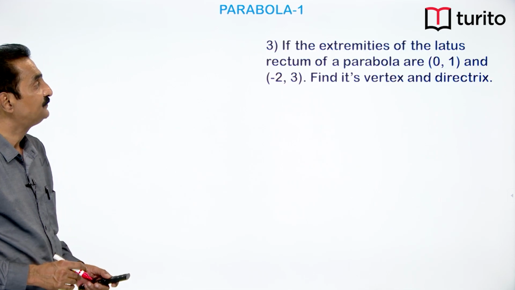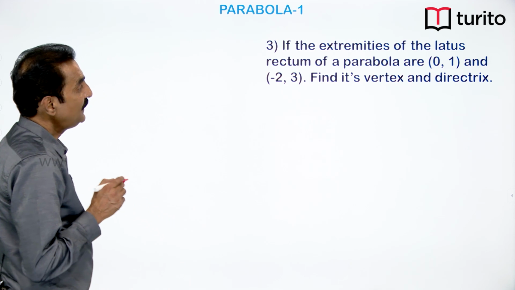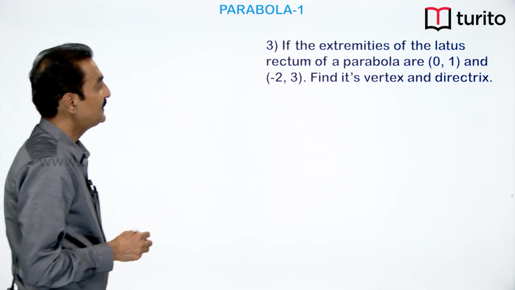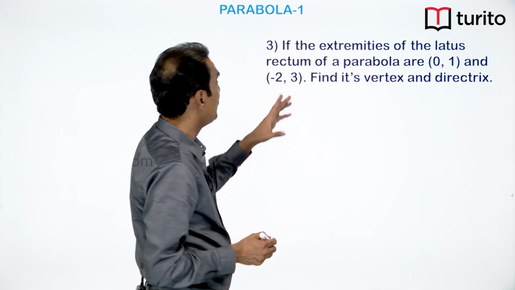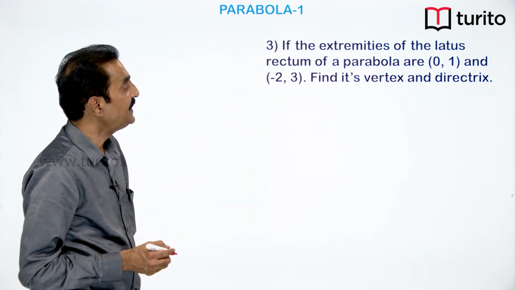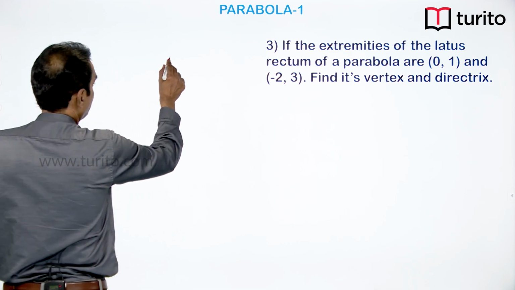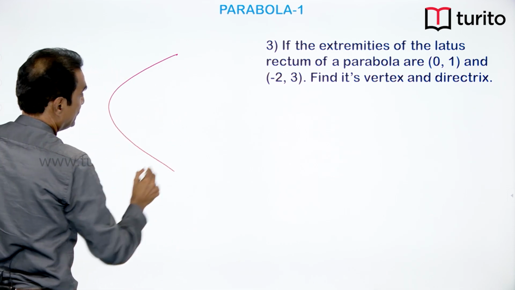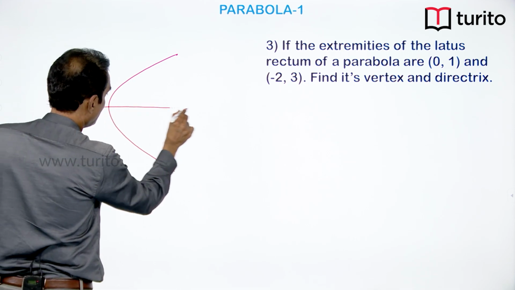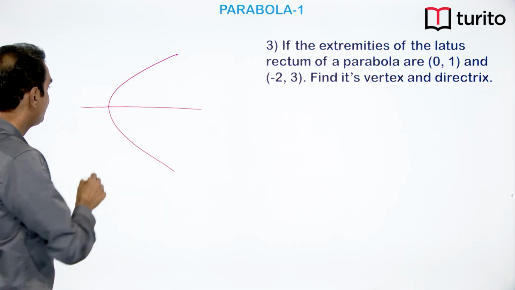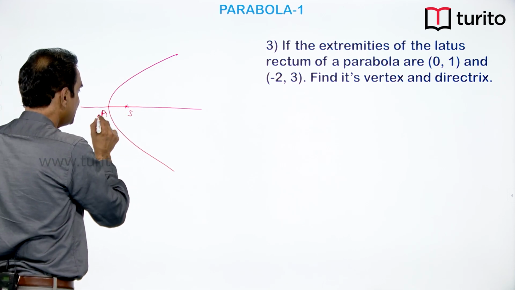Next question: if the extremities of the latus rectum of a parabola are (0, 1) and (-2, 3), find the vertex and directrix. Suppose this is the parabola, this is the axis, and the focus is here, vertex is here.